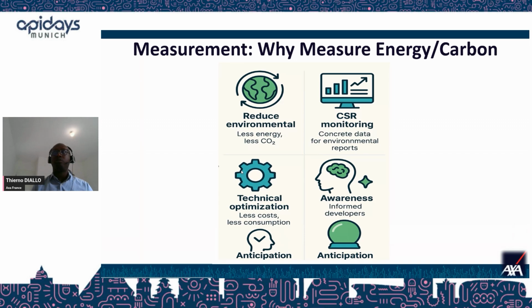The first thing is to find a way to reduce the environmental impact of our API, of our software, of our information systems, and to have less energy consumption and fewer greenhouse gas emissions.